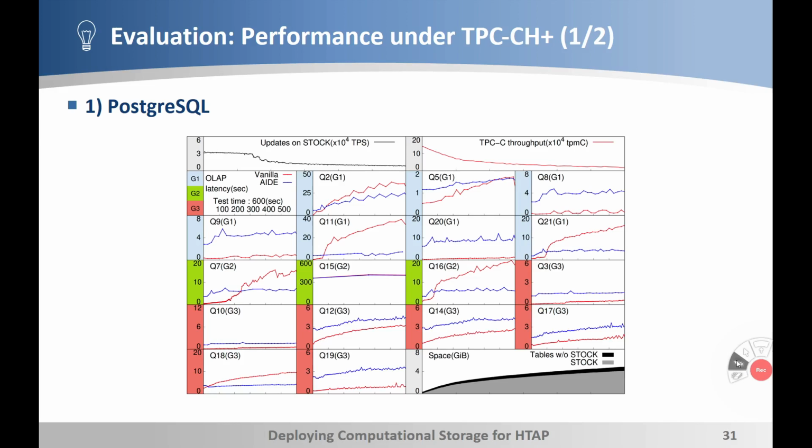The first two graphs describe TPC-H throughputs on PostgreSQL and MyRocks. Let's look at Q11, our best query. For Q11, AID outperforms vanilla by up to 6.76 times.